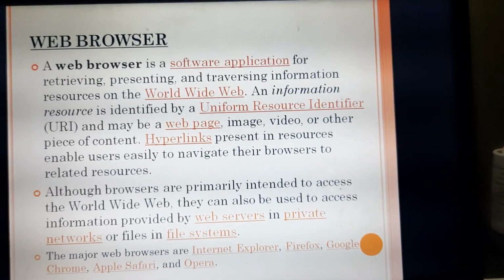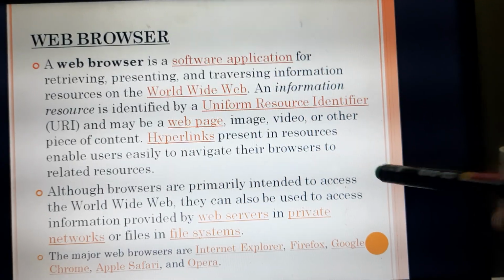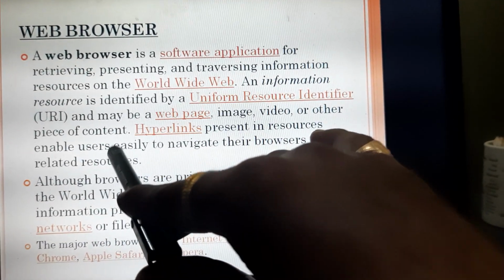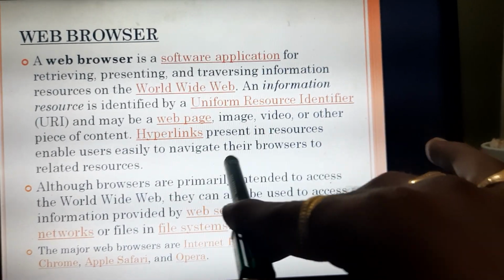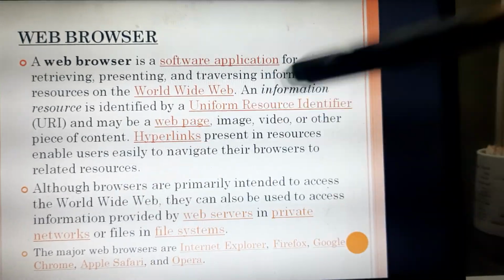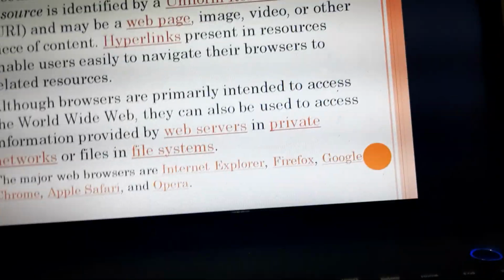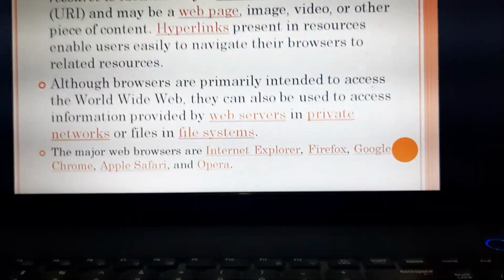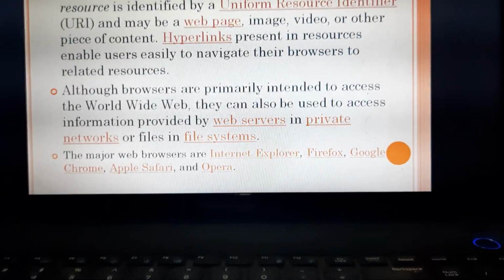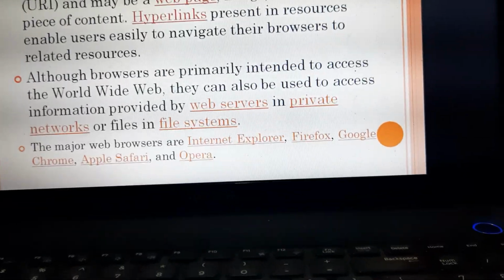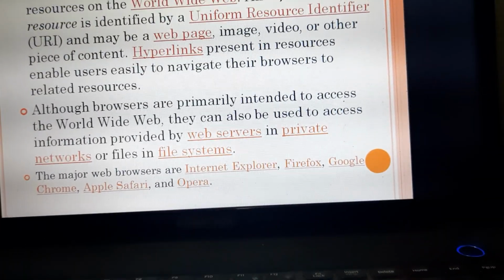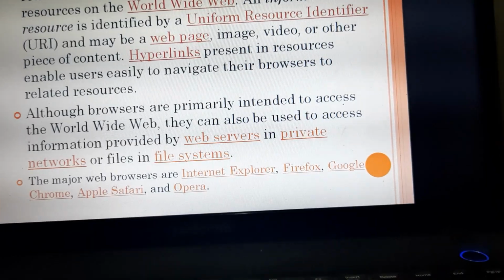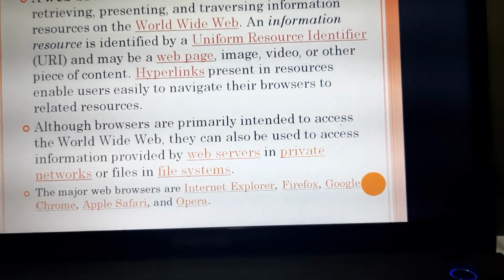Hyperlinks present in resources enable users to easily navigate their browser to related resources. Like I have mentioned, some of the popular or majorly used web browsers are Internet Explorer, Firefox, Google Chrome, Apple Safari, and Opera.